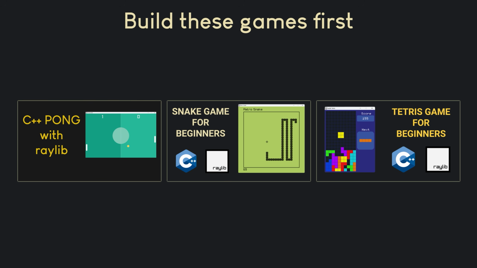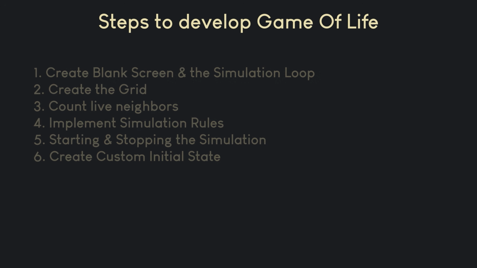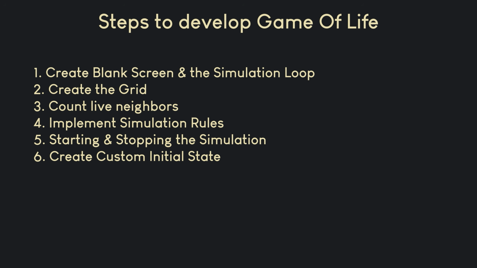Don't worry if you are not an expert in C++. This tutorial will provide valuable insights and help you learn a lot. So if you have set up everything and you can compile and run a simple raylib example program, we are ready to go. Game of Life may seem complex and challenging to develop, but fear not. We will take a divide and conquer approach to make it more manageable.